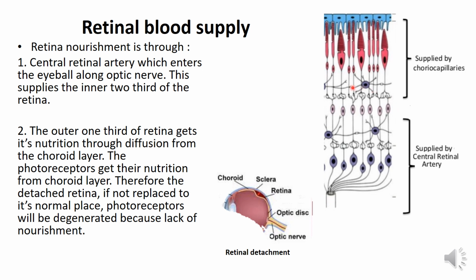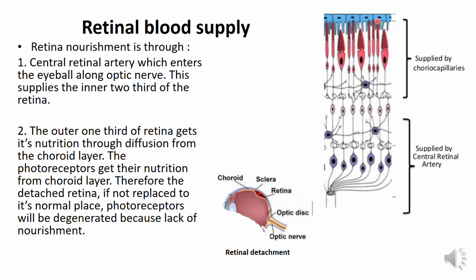As you can see, these are the ganglion cells, and these are the bipolar cells. The outer third of the retina, the photopigment layer, is supplied through choroidal or choroid capillaries, as you can see. So the outer layer of the retina is supplied through the choroid.